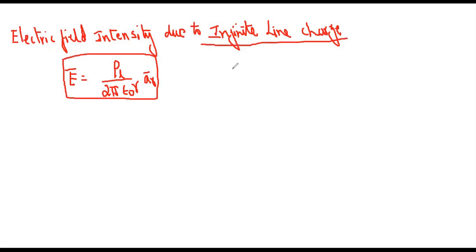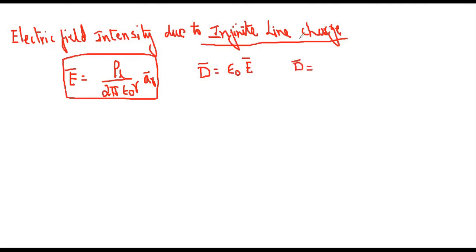The same way, by the relation D bar is equal to epsilon naught into E bar, you get the electric flux density also.